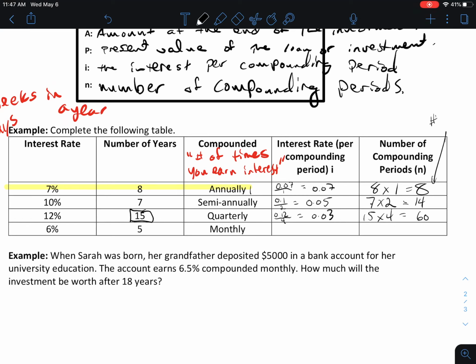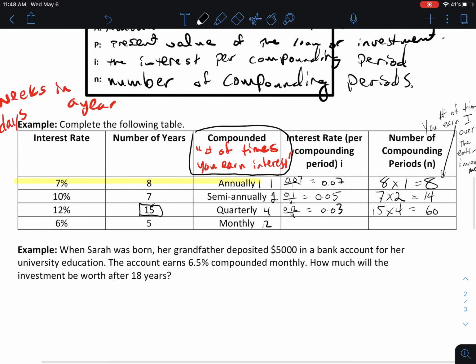This is going to be the number of times you earn interest over the entire investment, whereas this here is just how many times it happens in a year.